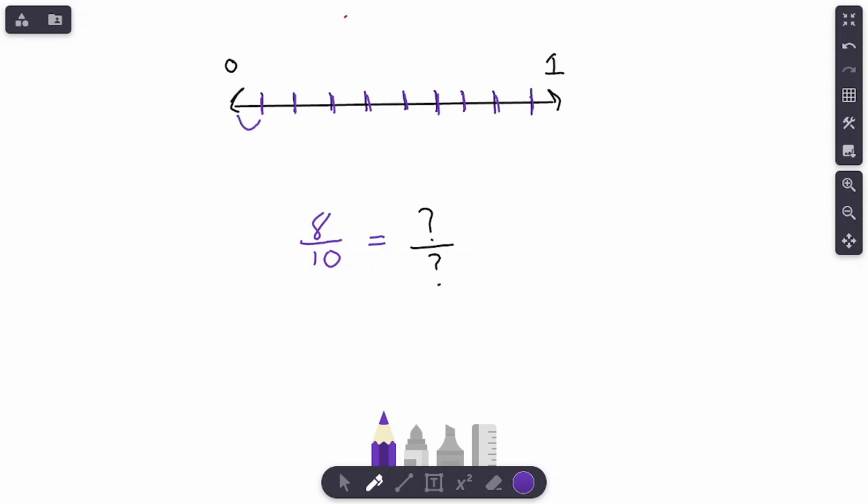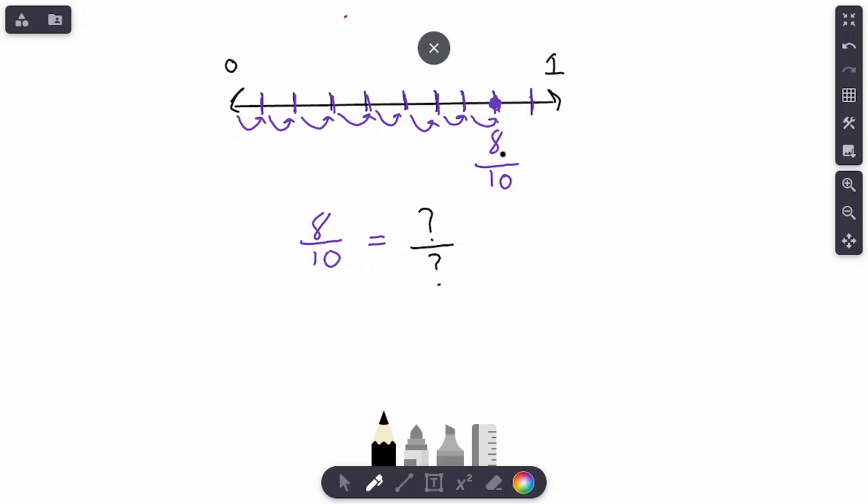This is going to be 1, 2, 3, 4, 5, 6, 7, 8. Way over here is 8/10. It's kind of far on here, but this right here is where 8/10 is located. I'll put a big old dot there and make it easy to see.